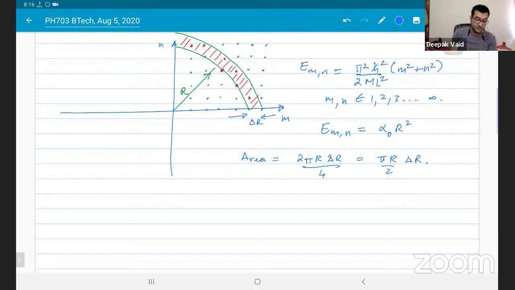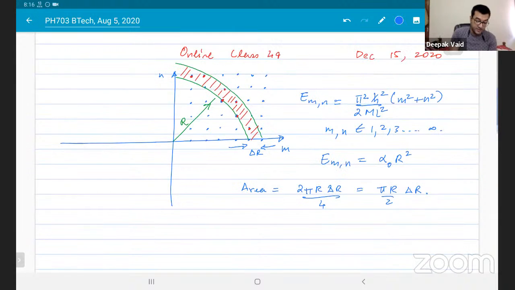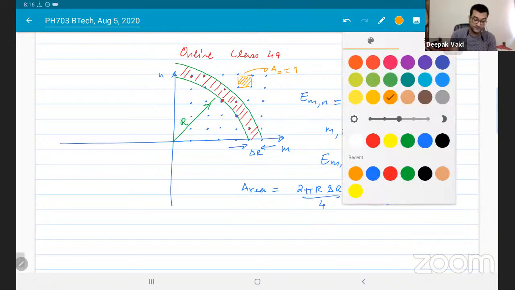Now you can see that the states are all equally spaced. So if I look at any set of neighboring states like this, there is a certain area which is sandwiched in that unit cell.